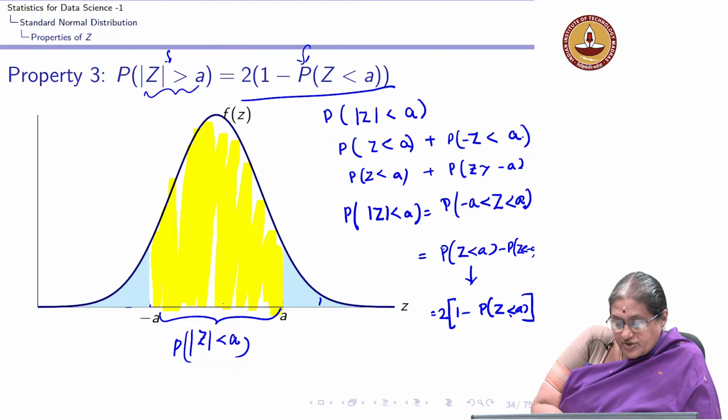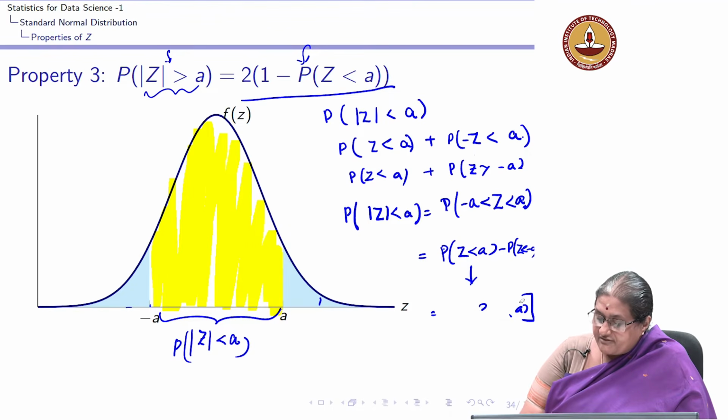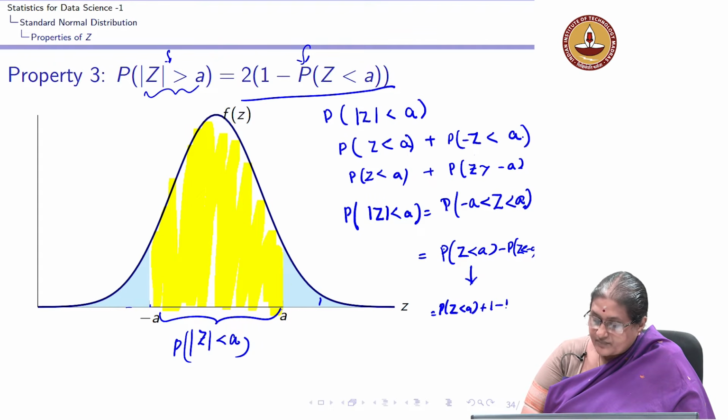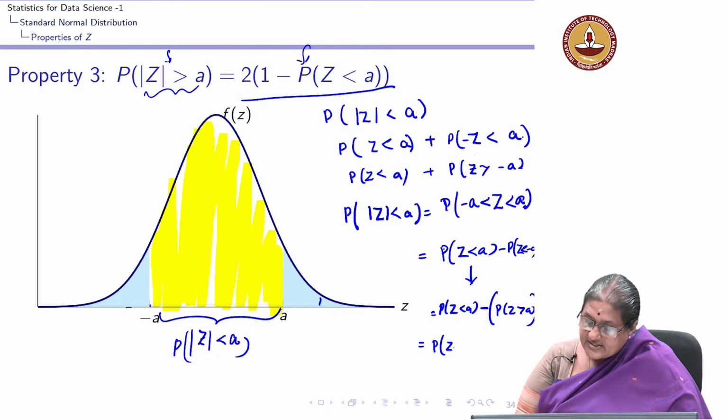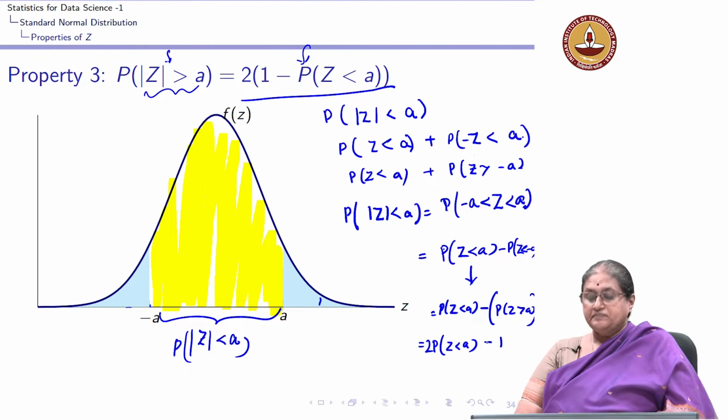The yellow probability is this entire probability minus this probability, which I can further write as: probability z is less than minus a is the same as probability z is greater than a. And I know that this is nothing but 2 times probability z is less than a minus 1.